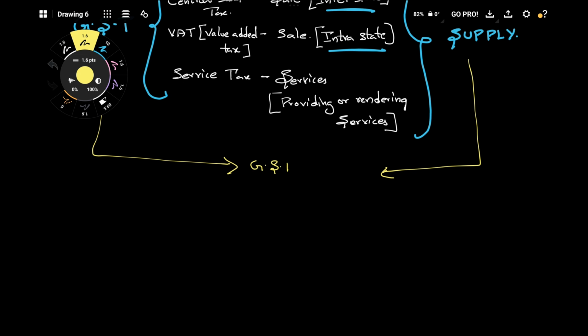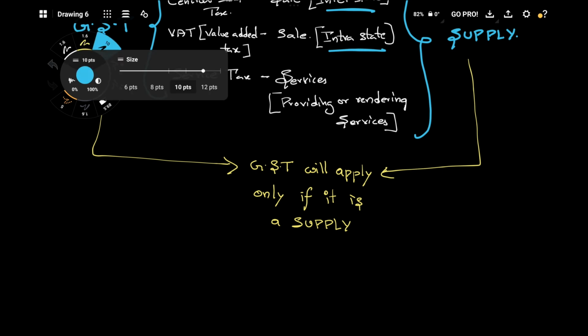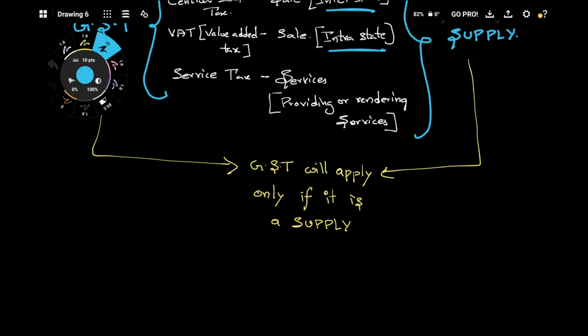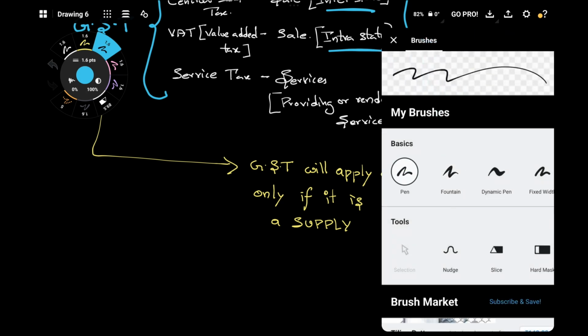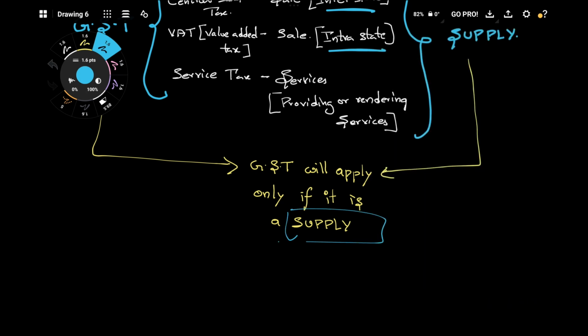GST will apply only if it is a supply. So it's very important to remember this. I hope you guys will remember this word supply. You will definitely remember it. Supply.